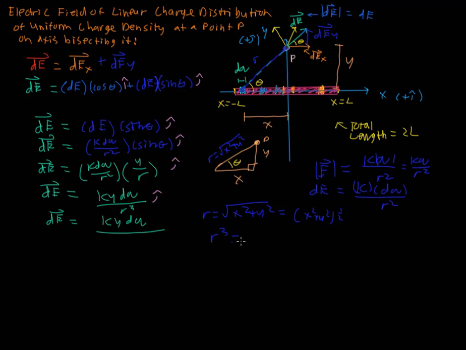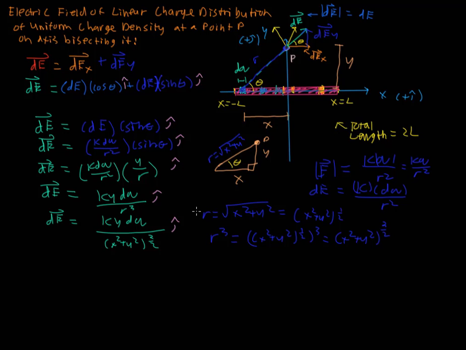So if I have r cubed, that's the same thing as having x squared plus y squared to the 1/2, all raised to the third, which you just multiply the powers by exponent rules. So this becomes to the 3/2. So when I sub in for r cubed, I'm going to end up getting x squared plus y squared to the 3/2. I don't want to forget my j hat unit vector, right?